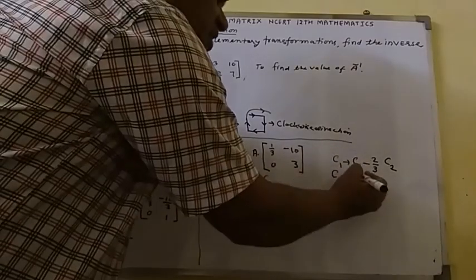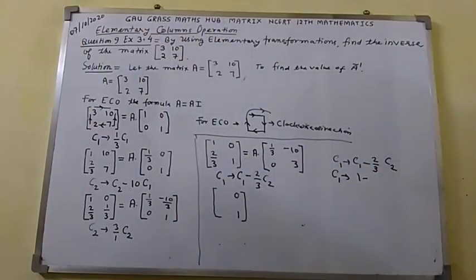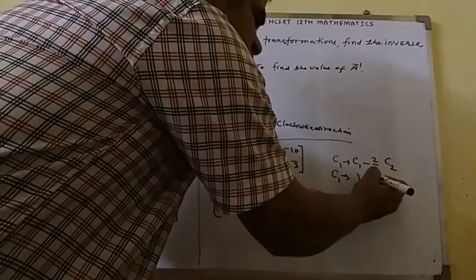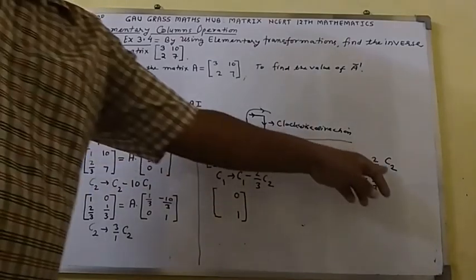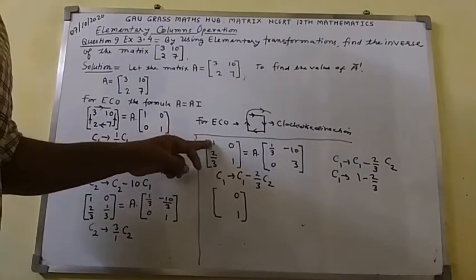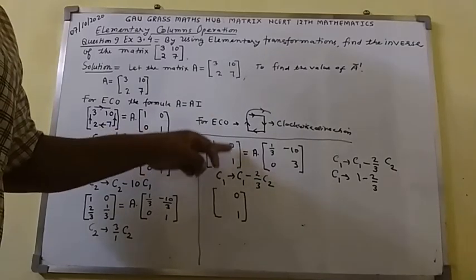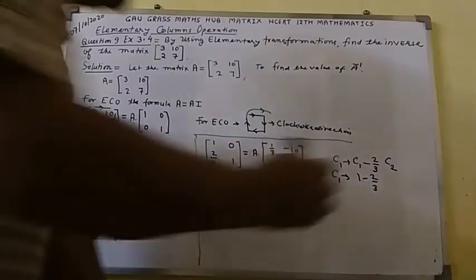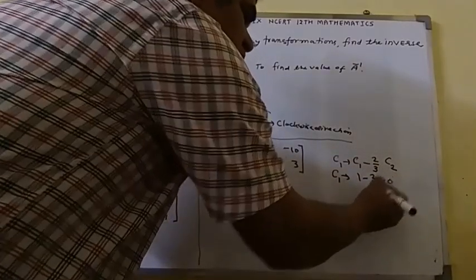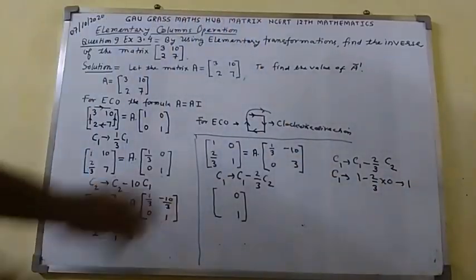So here I shall write 1 minus 2/3 as it is. C2 will be taken from this place. The respective element of 1 in the second column will be 0. So this C2 will become 0. So it comes out to 1. So here 1 will be written.